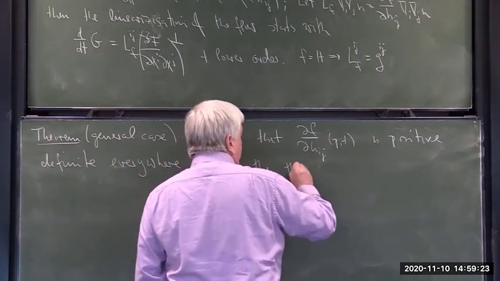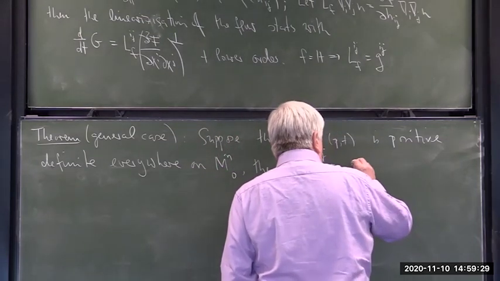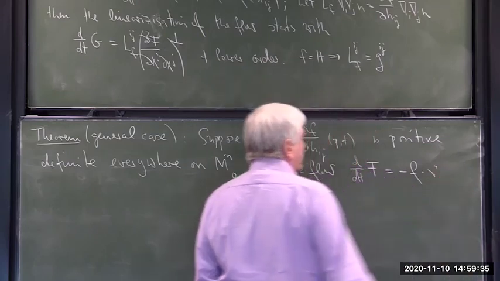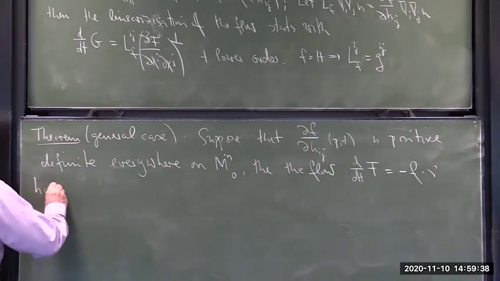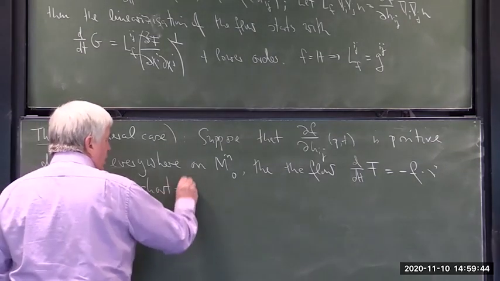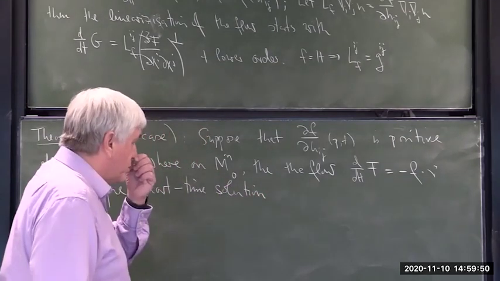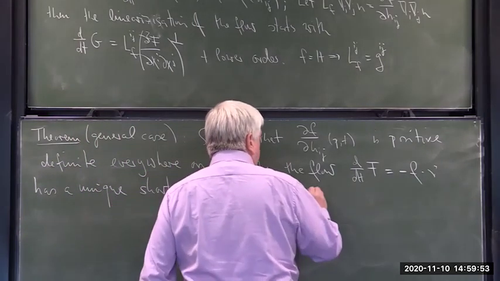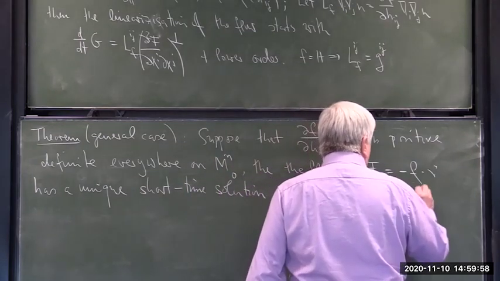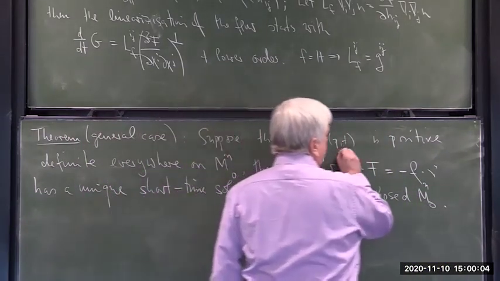Then the flow d/dt F equals minus f times nu has a unique short time solution for any closed smooth initial data, for any such closed M^n. So this is the key condition here, positive definite.